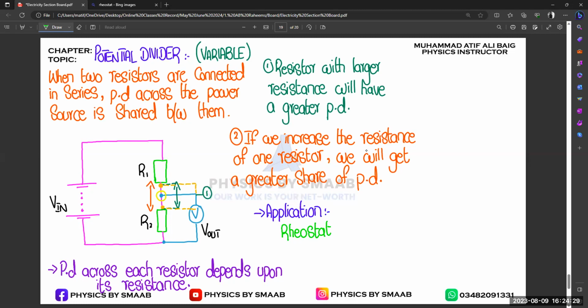Now, the main thing: if we want to calculate the output voltage, what will be the formula of output voltage for a potential divider? We know all the concepts now, we discussed all the things related to resistance and voltage, but we need a formula to calculate the final value.